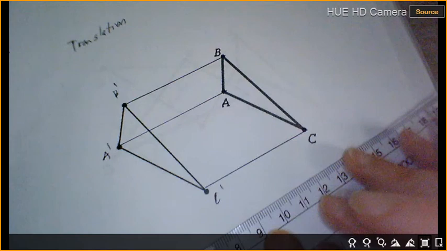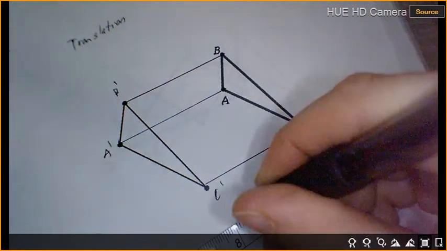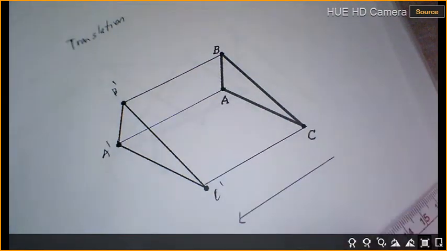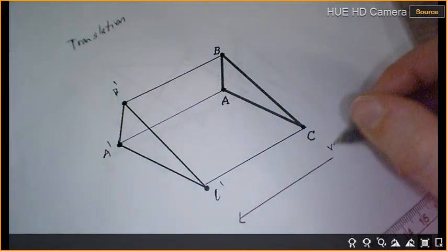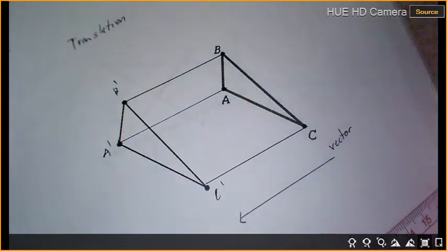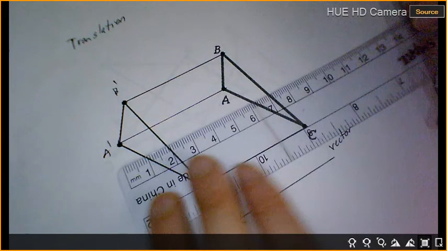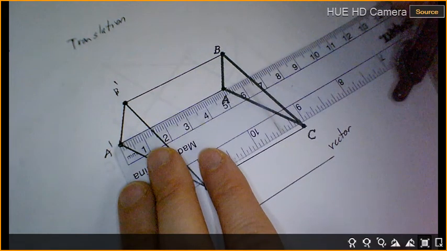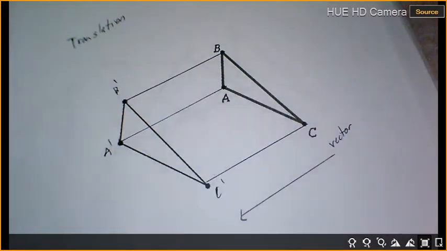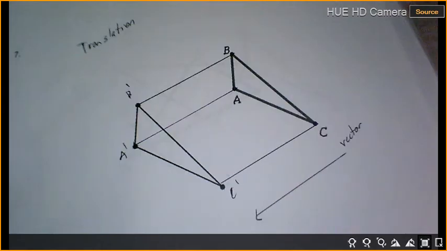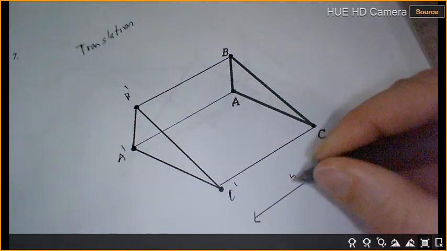And my translation went from here to here. That's my vector. How far did it go over? I'm just going to measure. How much did you guys get when you measured? A to A prime, B to B prime, C to C prime, they should all be the same. 5 centimeters. That's it.